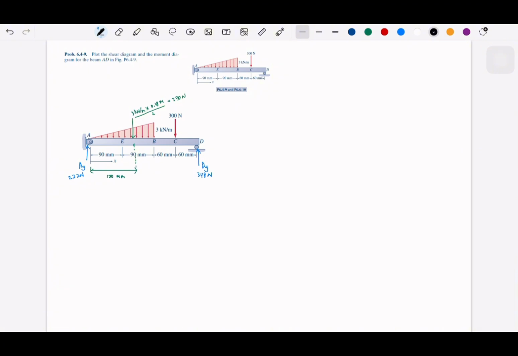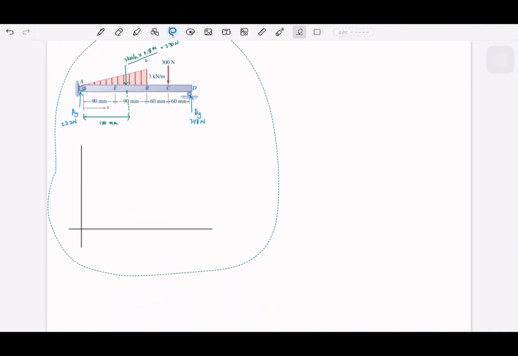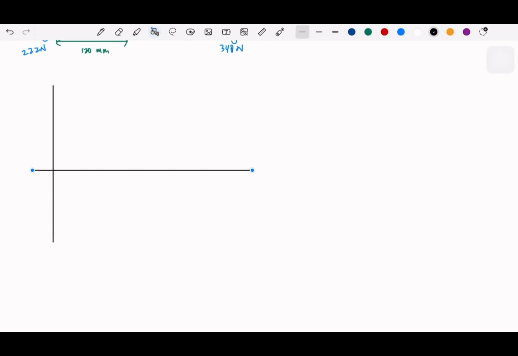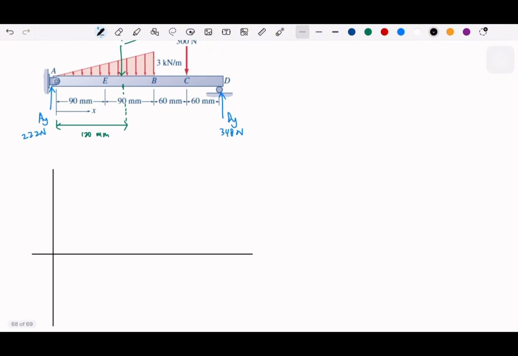Okay, so first we have this is the F. Well, let me just remove this, because I need to make sure that we are having two diagrams, and then we need to find when V is 0, for example.